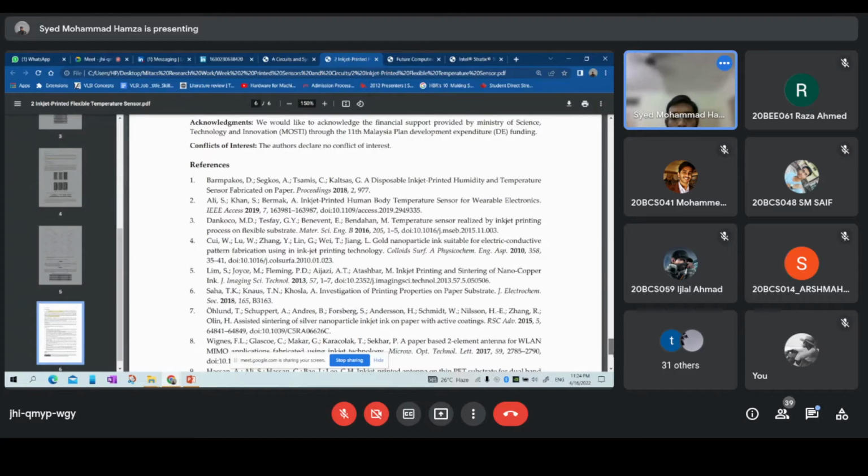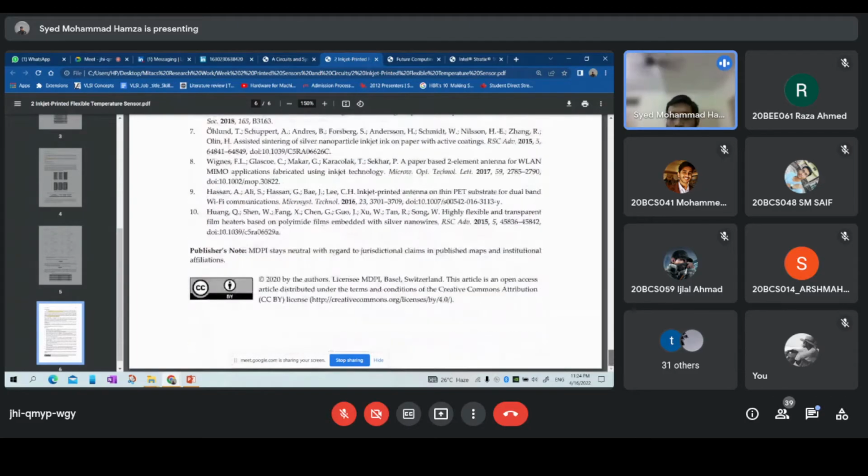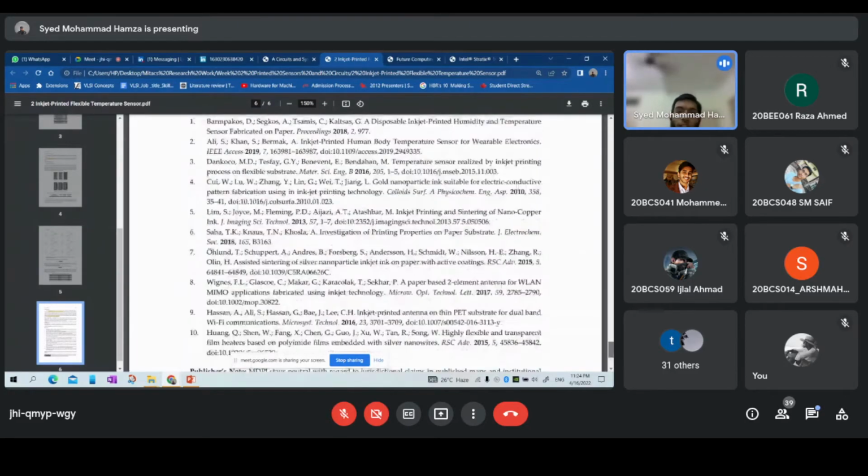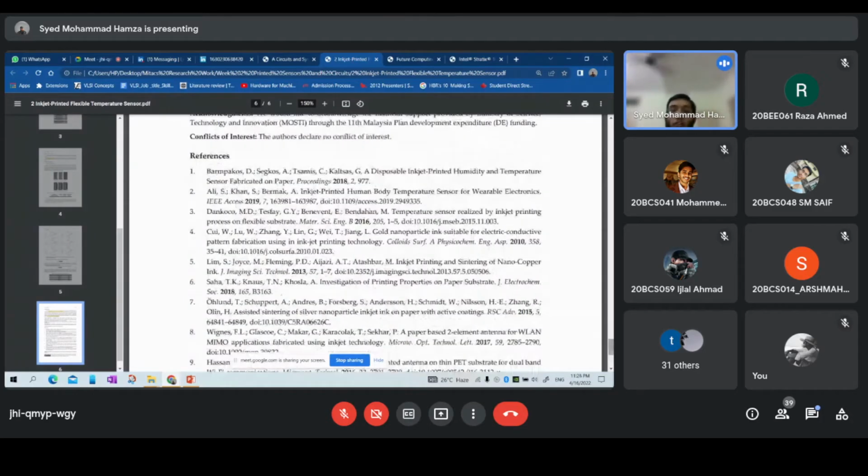So the fourth thing we do is, after reading the research paper, we go to some important references and see, okay, for example, reference number 5 is very important for us. So let's search this research paper, and then we will read this paper to understand the first paper, and so on.